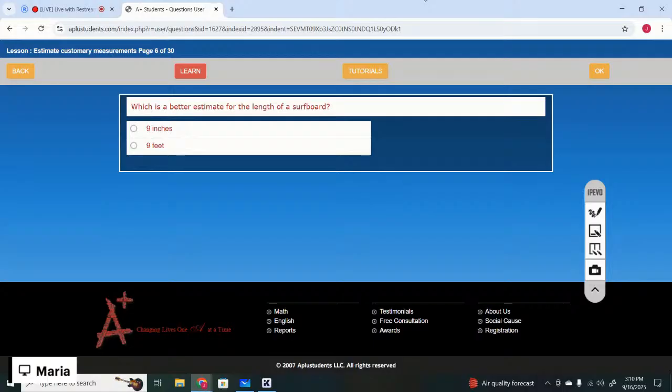Which is the better estimate for the length of a surfboard? It would be 9 inches.